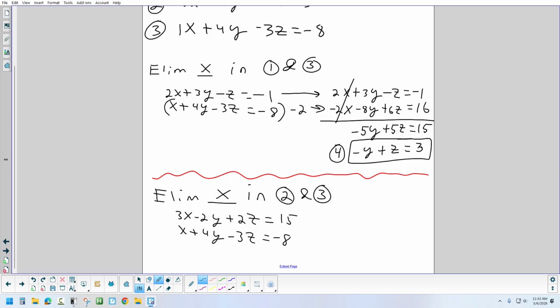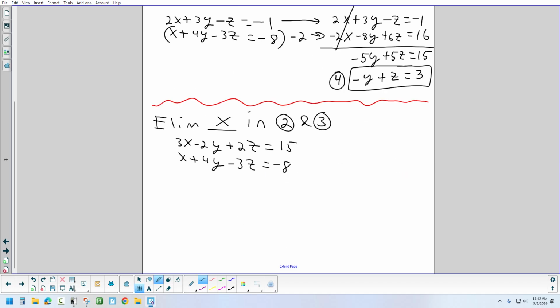Okay, so we are eliminating x. And what would you multiply the bottom by, Maggie? Yeah, we've got to multiply by -3 in the bottom, so it cancels out. Yep. So distribute out my -3. Top, keep it the same: 3x minus 2y plus 2z equals 15.